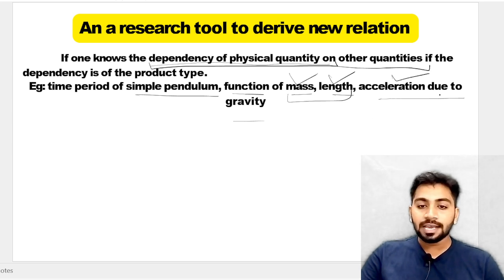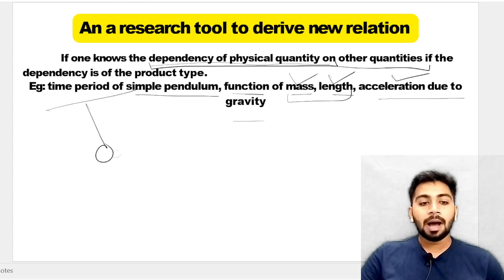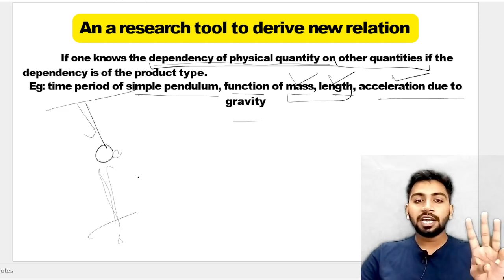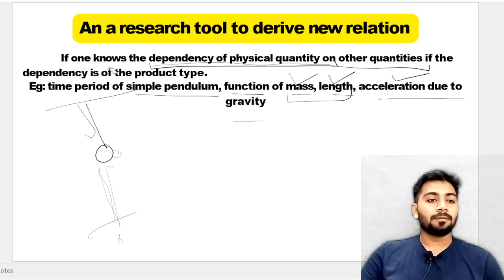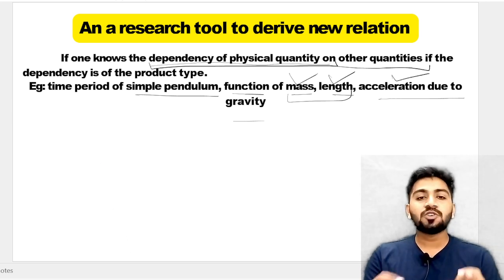So the simple pendulum depends on mass, length, and acceleration due to gravity. Three dependencies exist. Let us derive the formula. Very easy. If you learn this, you will enjoy it.